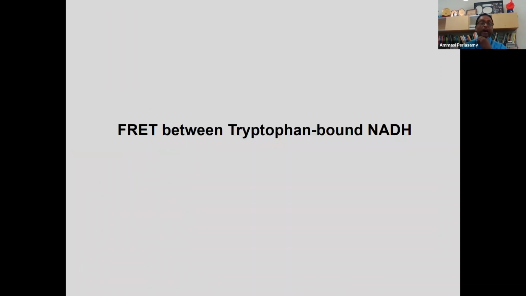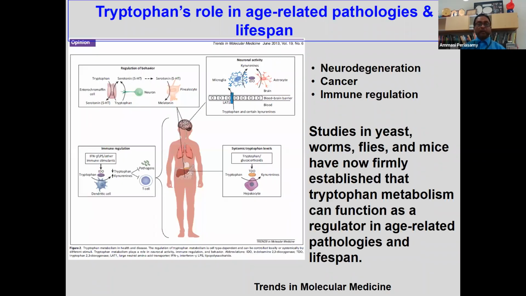So now I will go back to this principle of using tryptophan and bound NADH, because in all the FLIRR work you have to target with the fluorophore. Here there is no fluorophore involved in measuring the NADH and the tryptophan, because these are all autofluorescence. As you know, tryptophan is relevant to neurodegeneration, cancer, and immune regulation.